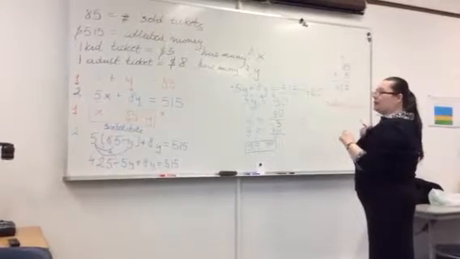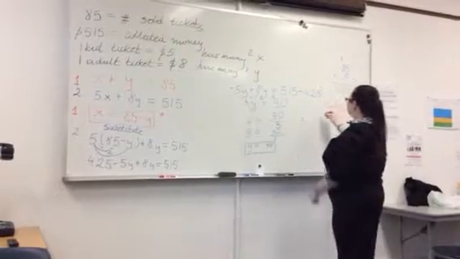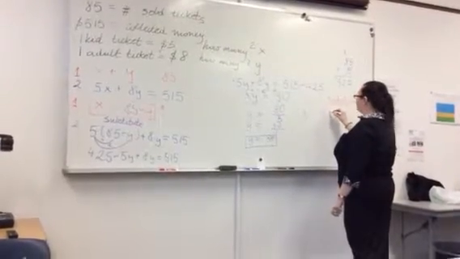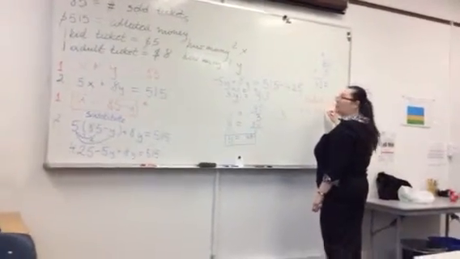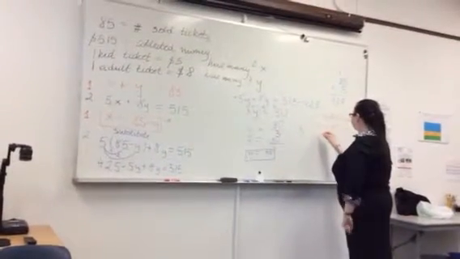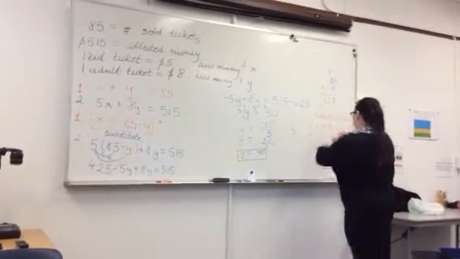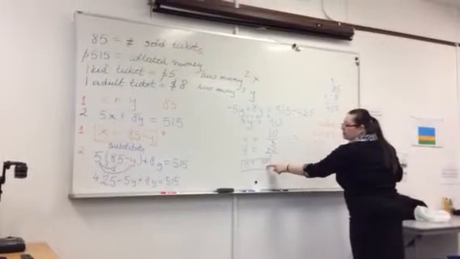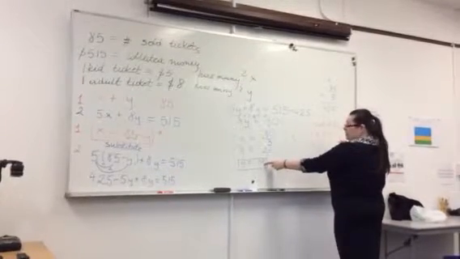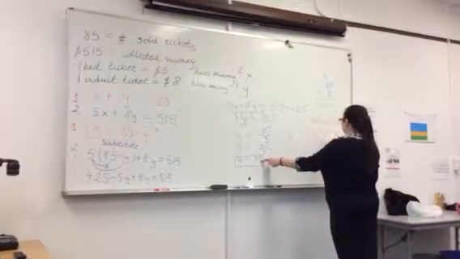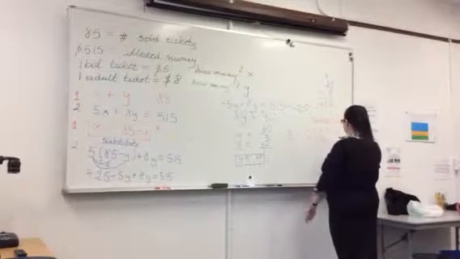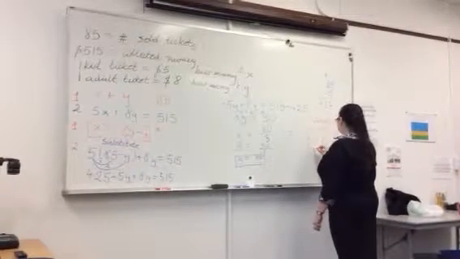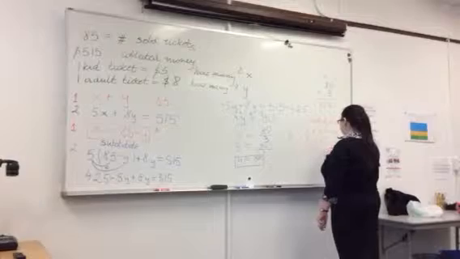Let me write it again here. X is equal to 85 minus y. We will replace y with 30 because we already know that's the number, yes? So 85 minus 30. So x is equal to 55.